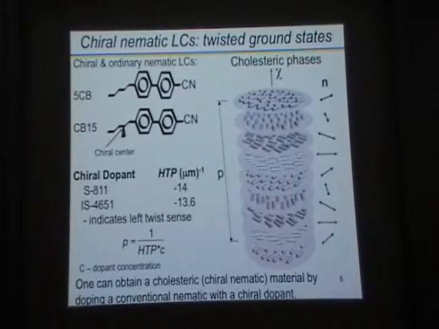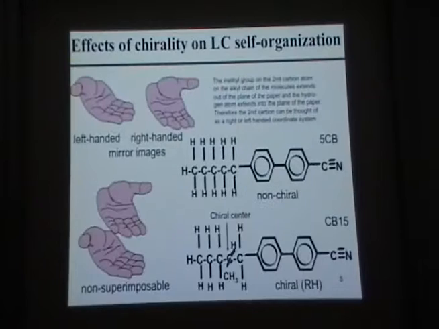And then you use a simple relationship that relates the cholesteric pitch with the concentration of this chiral molecule in the mixture of the two, of chiral and non-chiral molecules. Right? So we can form self-assembled cholesteric phases of this kind.